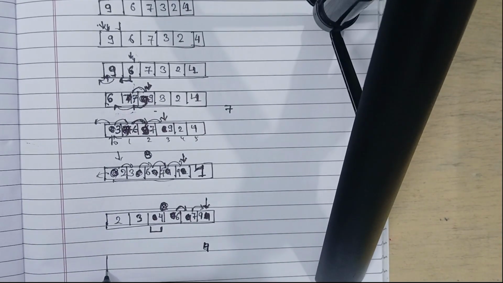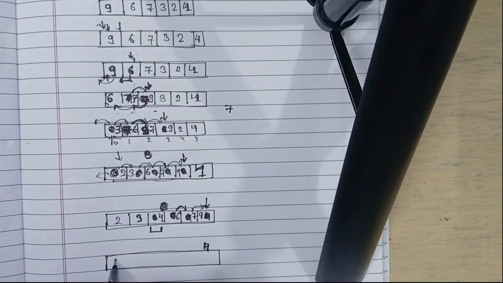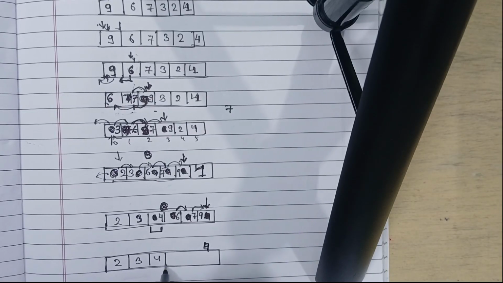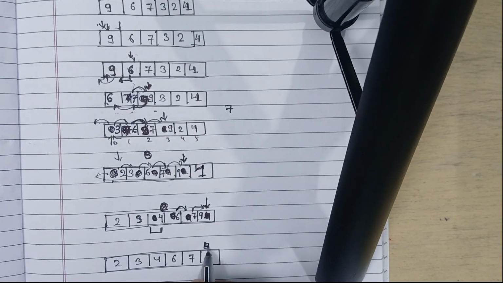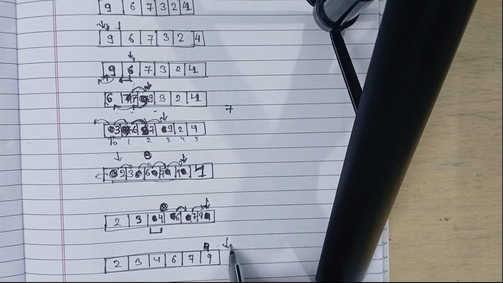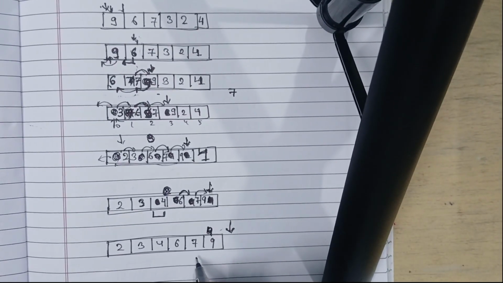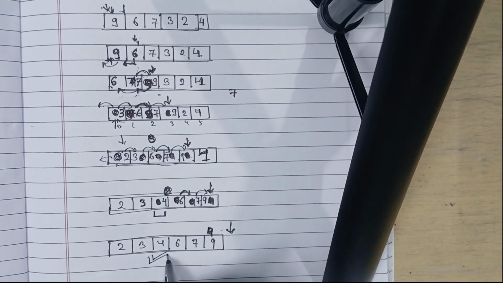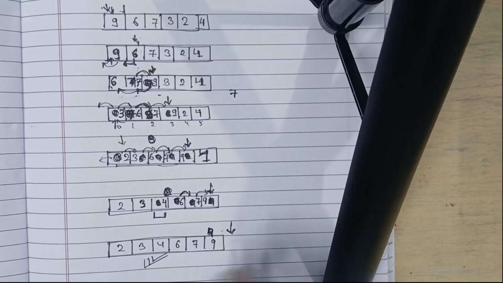So now the final array becomes 2, 3, 4, 6, 7 and 9. And after this, if this pointer goes out of the array, the iteration ends there, and you can see that you have got the whole array sorted.